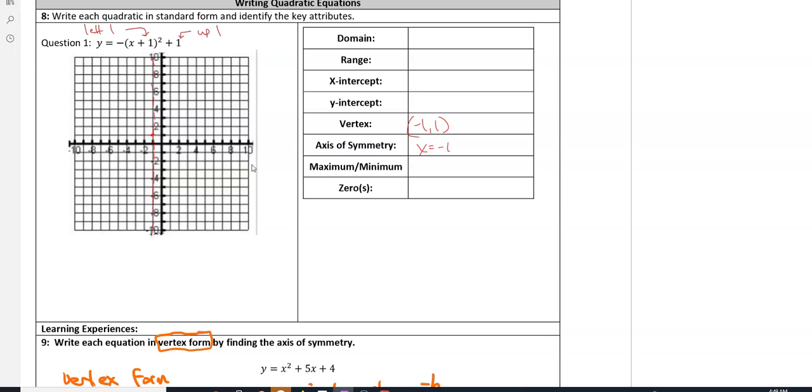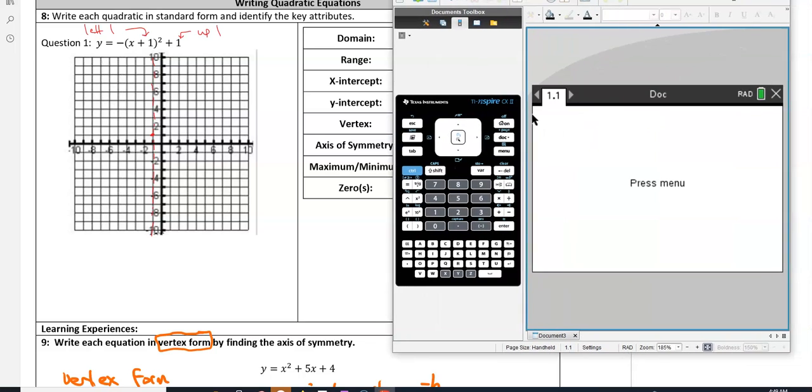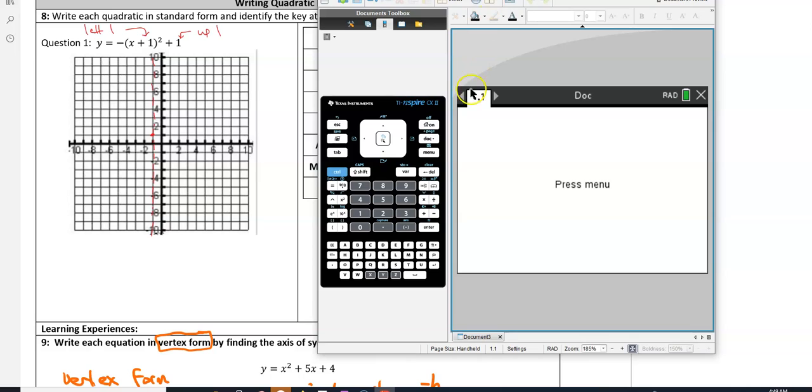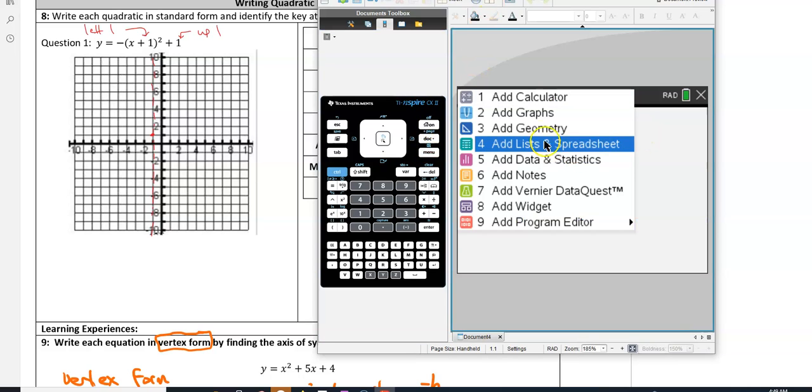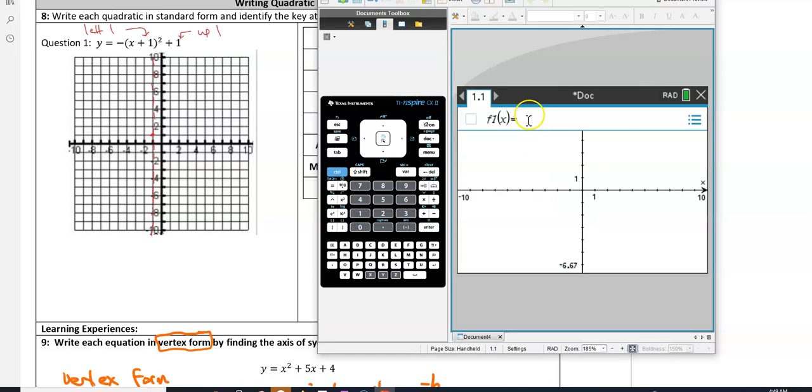All right, the next step is to find the x and y intercepts, which you can either calculate by hand or find in the calculator. You're probably going to prefer the calculator for this. Since we have the equation, we can put it in the calculator, so I'm going to do that. I'm going to start a new document and make a graph.